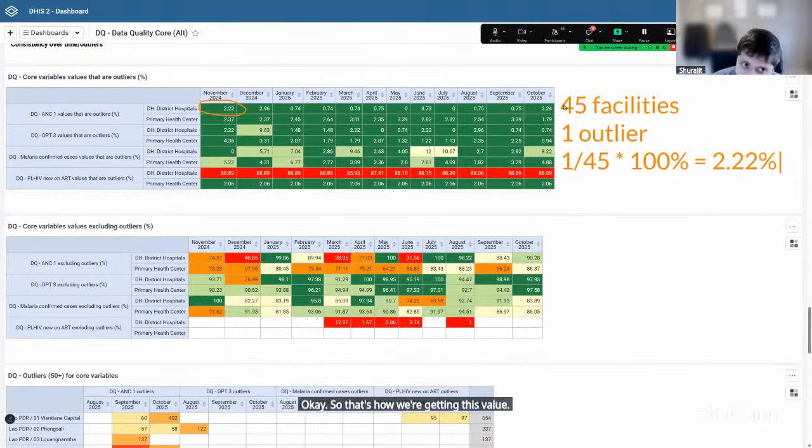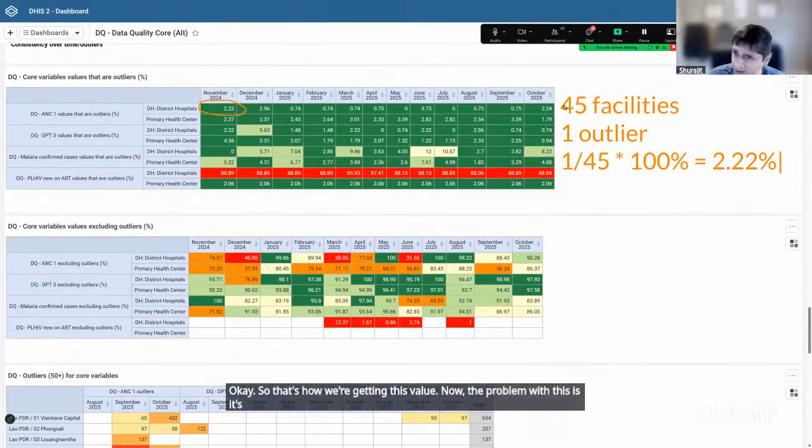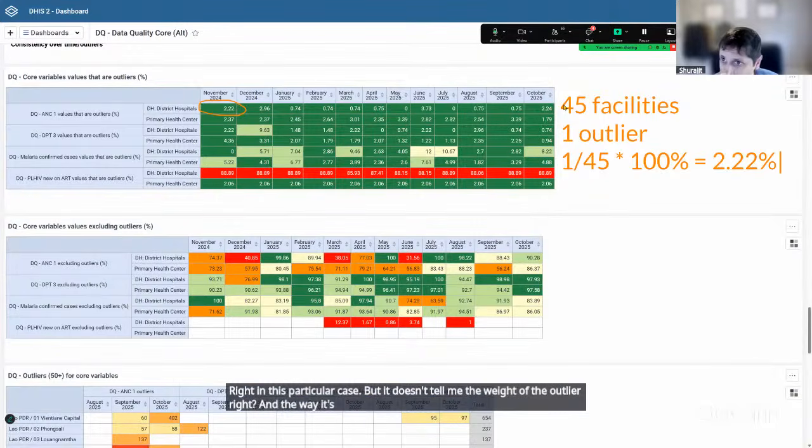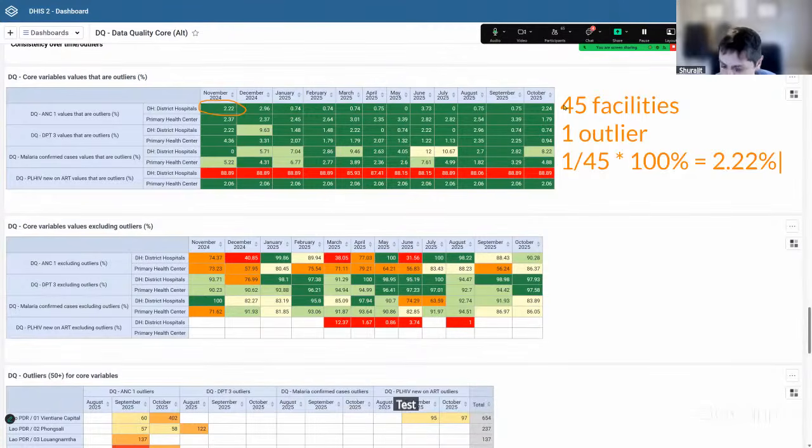Now, the problem with this is it's telling me the percentage of outliers, which is pretty low in this particular case, but it doesn't tell me the weight of the outlier. And the way it's identifying this outlier, once again, is based on a statistical test. It's checking the current data entered for this facility and comparing it to previous data.